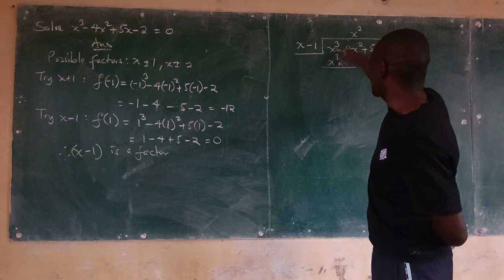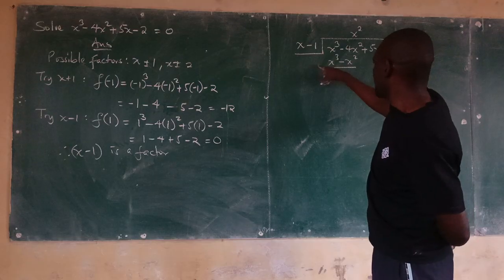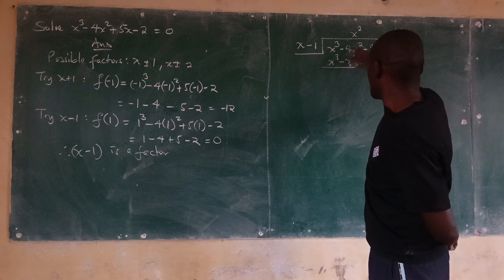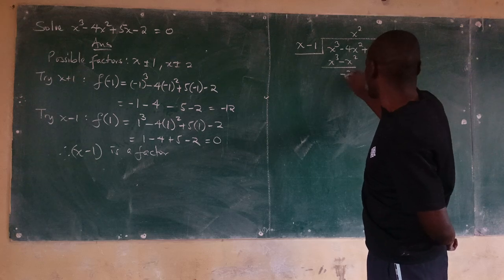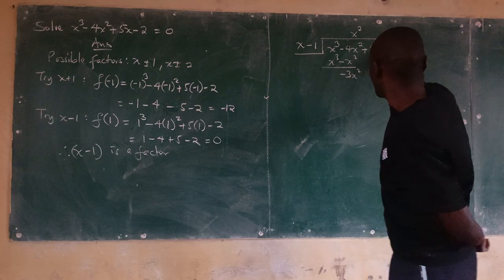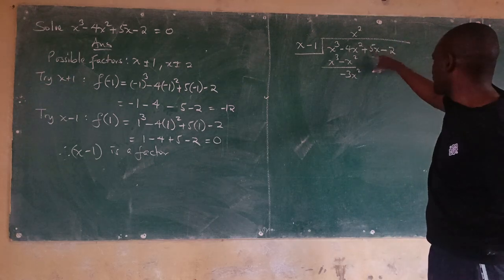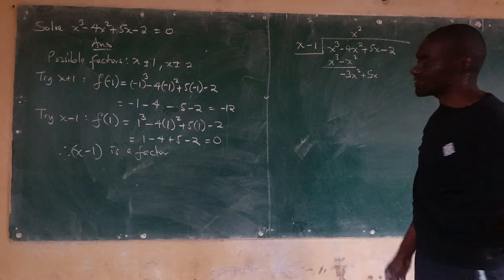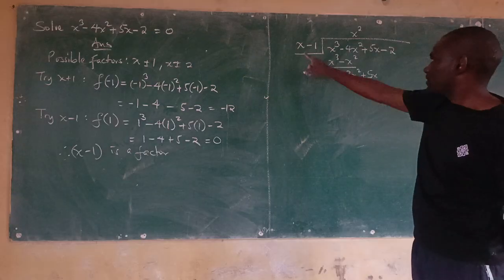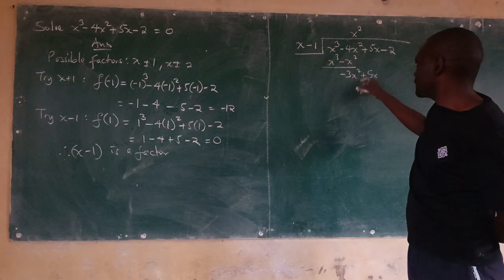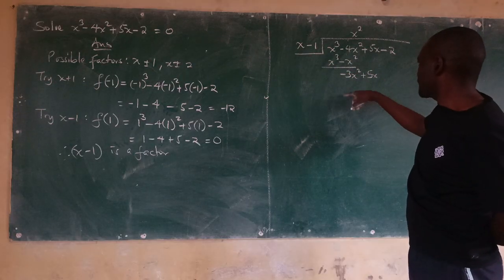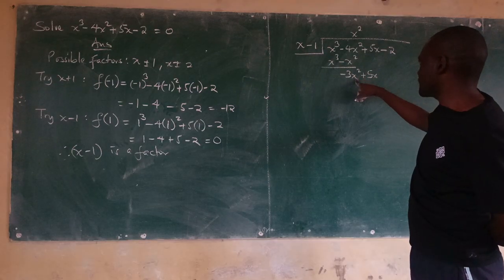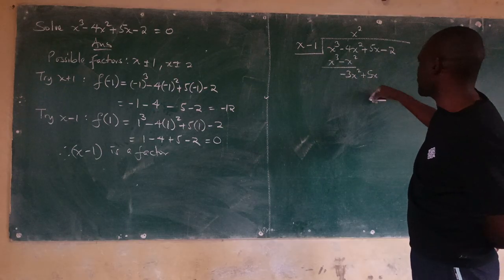Then we can subtract. This is 0. That minus and this one makes it positive, so if we add here, it will become negative 3x squared. Then we bring down the positive 5x. Again, we divide x into this initial term. The x will cancel, and we just have negative 3x.